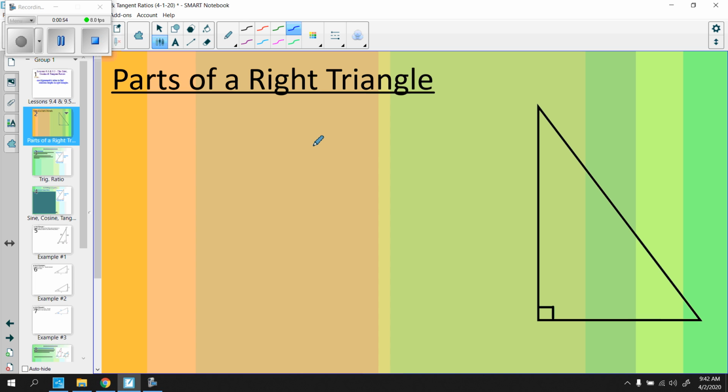First thing, before we even get into trigonometry, parts of a right triangle. We've done this before. We've labeled stuff. The first new thing I'm going to put in here is what's called theta. You see it a lot in trigonometry. It's like a little circle with a line through it. It's a Greek letter. Usually in trigonometry, it stands for an unknown acute angle.